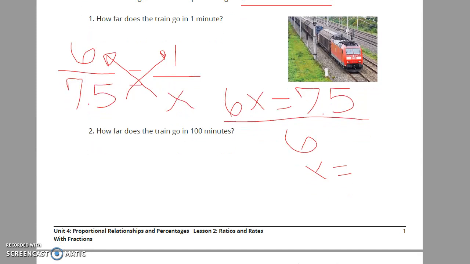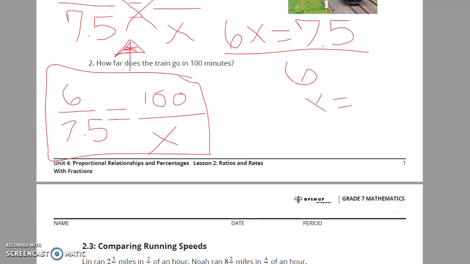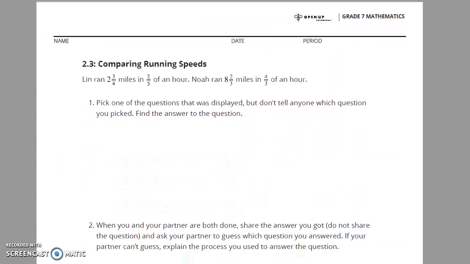So now we could do 6 over 7.5 equals 100 over x. Solve this equation the same way you did this one. Okay, take your time for both. Hit pause and unpause when you're ready to move on.